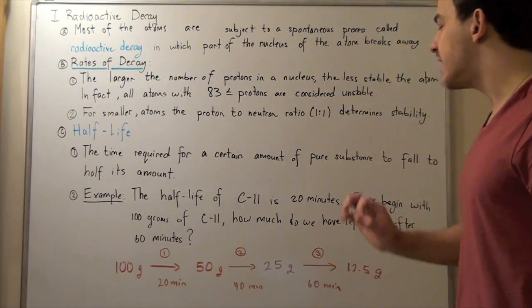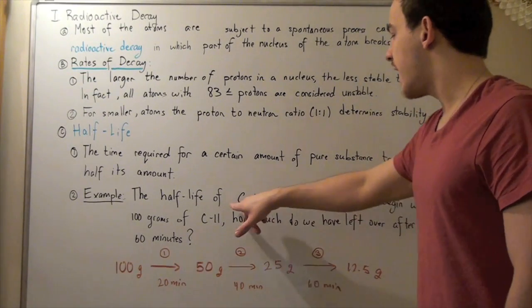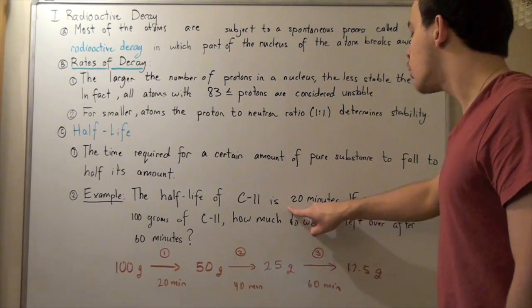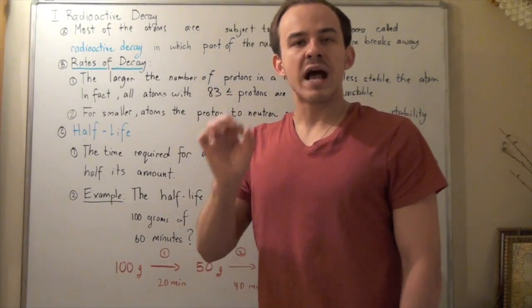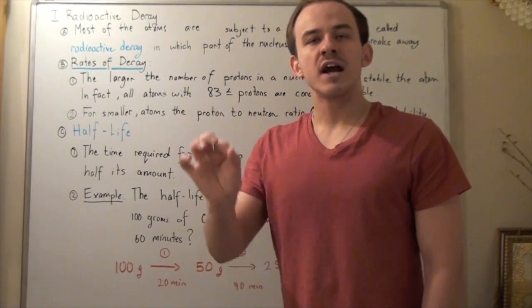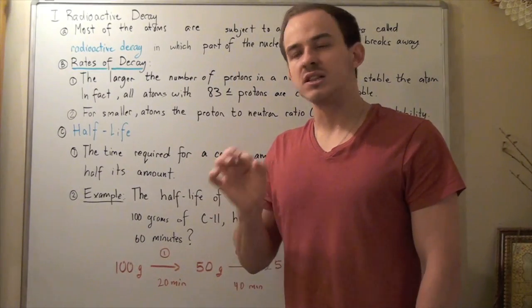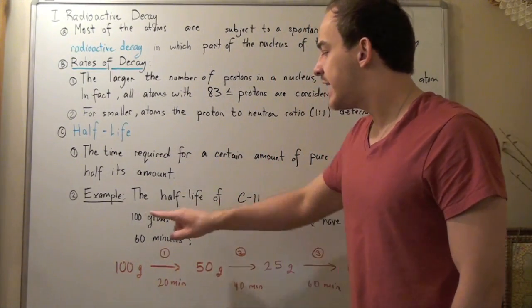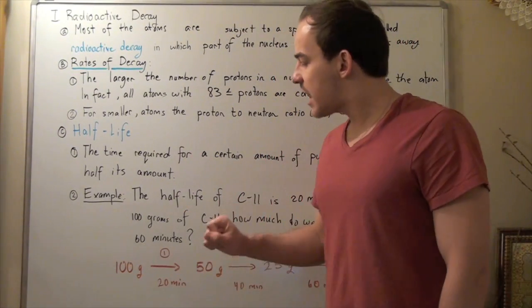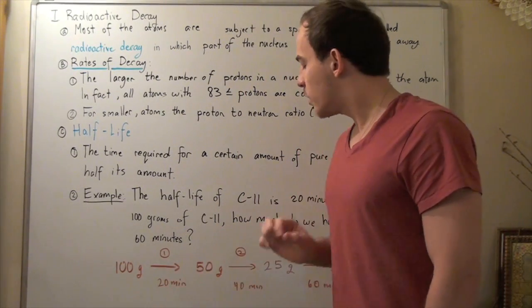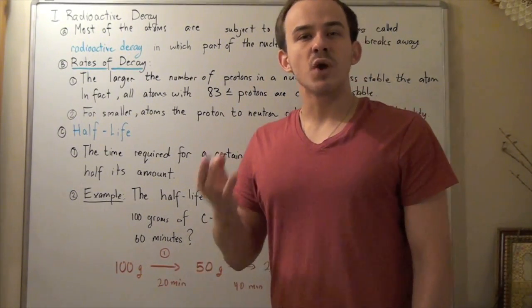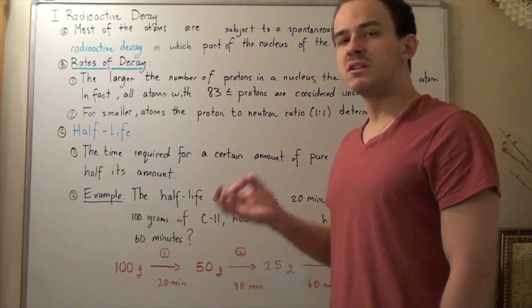So we are given that the half-life of a carbon-11 atom is 20 minutes. That means after 20 minutes, we're going to have exactly half of our original amount in grams left over. So if we begin with 100 grams, that means after one half-life, after 20 minutes, we're going to have 50 grams of carbon-11 left over.